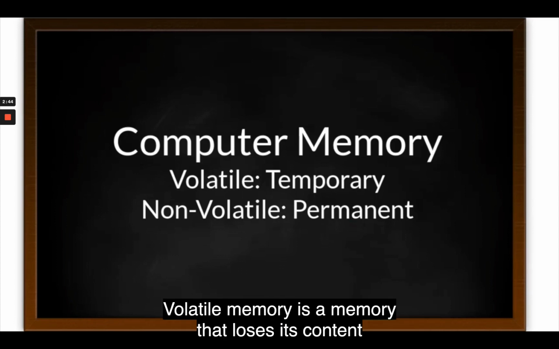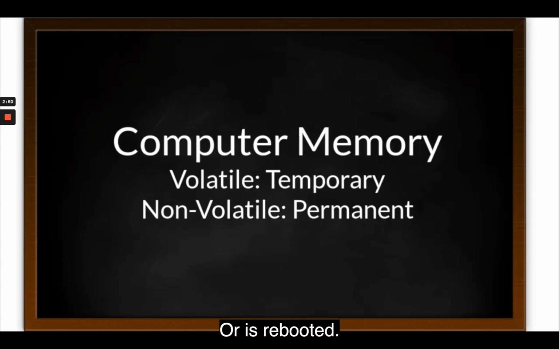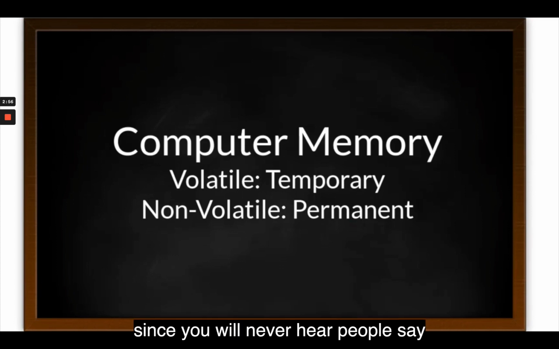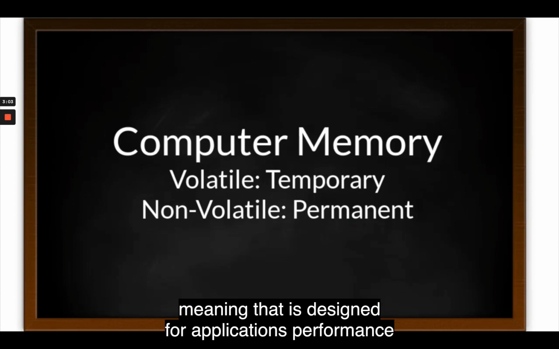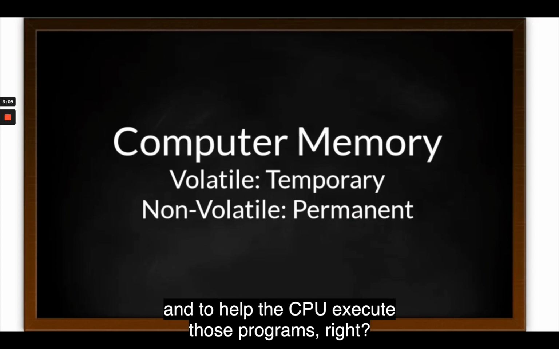Volatile memory is memory that loses its content when the computer or hardware storage device loses power or is rebooted. Now, RAM is an example of volatile memory, since you will never hear people say that they will save something to RAM, meaning that it's designed for application performance, to execute programs and to help the CPU execute those programs, right?